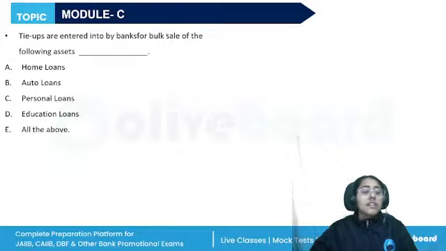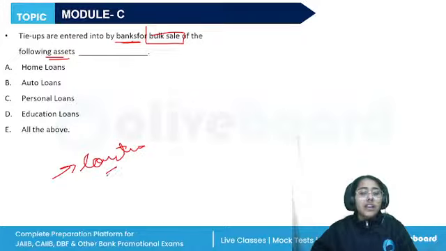Next, the tie-ups are entered into by the banks for bulk sale of the following assets. Which type of assets are sold in bulk by entering into tie-ups by the bank? Tie-ups can be entered with the construction companies or builders in the case of home loans. In case of auto loans, tie-ups can be entered.